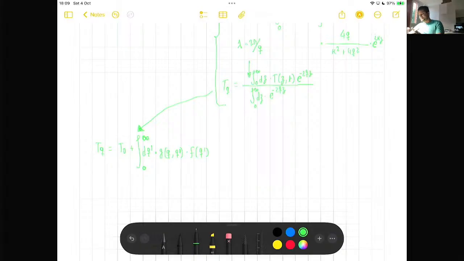So, new parameters. The parameter G(q). Let's see it.